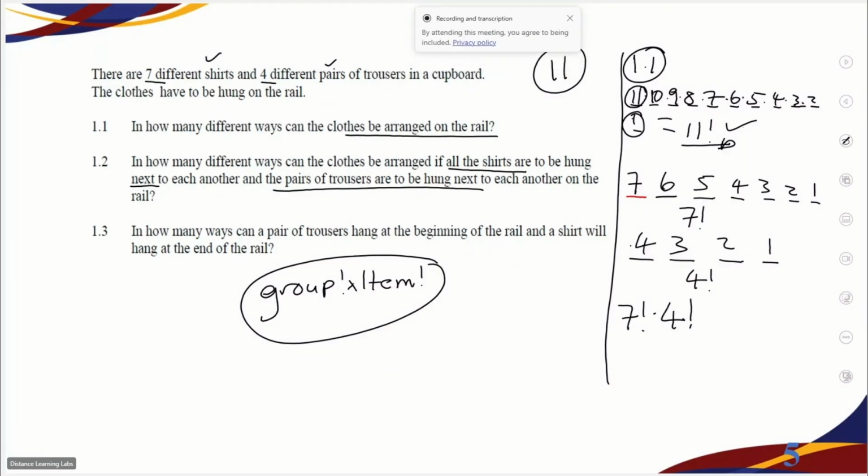We have 2 different types of items here: the first group for the trousers and the second group for the shirts. Therefore, this is item number 1 and this is item number 2. Therefore, 7 factorial by 4 factorial, we are going to multiply by 2 factorial. This 4 and 7.